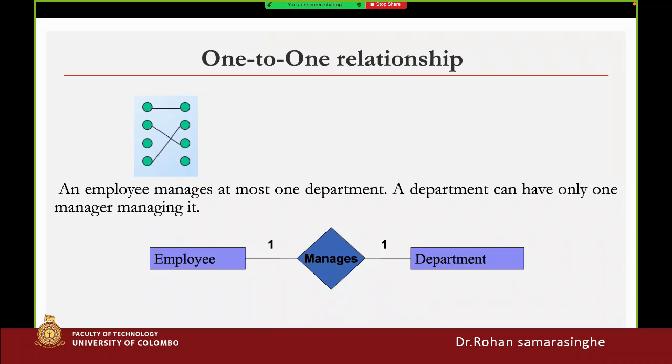Yes, but he's not the permanent one. So permanently he can manage only one department. Employees manage one department. That is one to one. An employee manages at most one department. The department can have only one manager, or the one head that is managing the department.